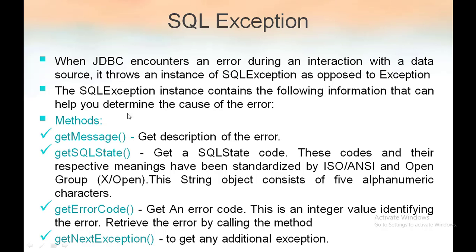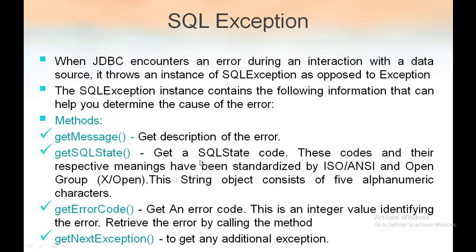Methods of SQLException are getMessage, getSQLState, getErrorCode, getNextException. The getMessage method is used to get a description of the error. getSQLState is used to get the SQL state code. These state codes and their meanings have been standardized by ISO or ANSI and Open Group.